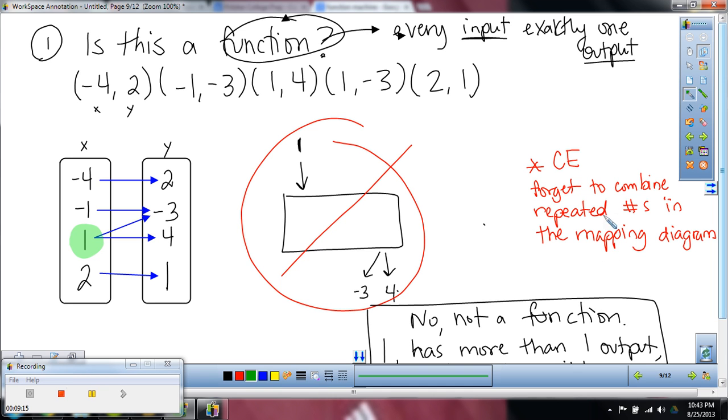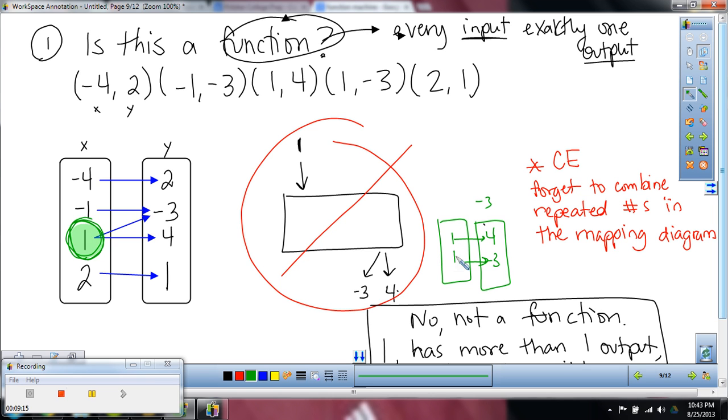And if you forget to combine the repeated numbers, sometimes you get a box where if I wrote 1 twice, and I wrote 4 and -3, and I wrote -3 again, it seems like everything is matching up and it's just going to exactly one number, and so it's hard to see this problem of the one input going to two places.